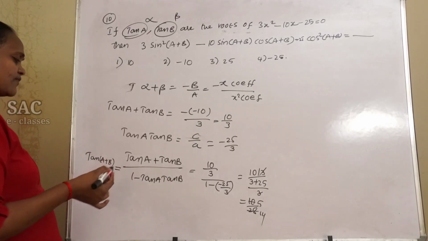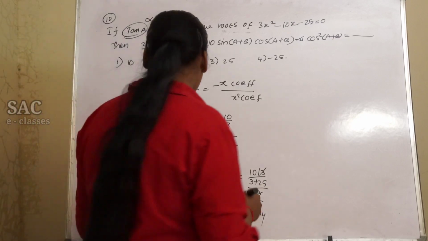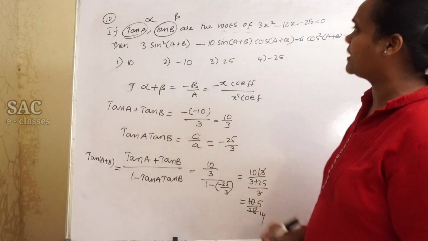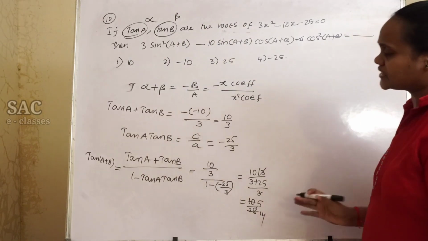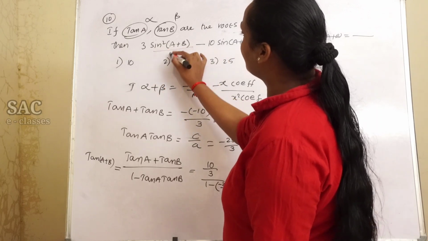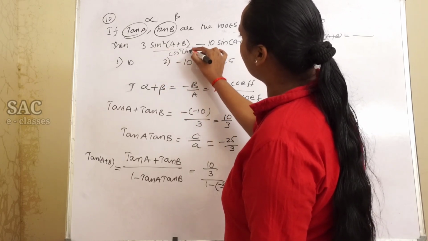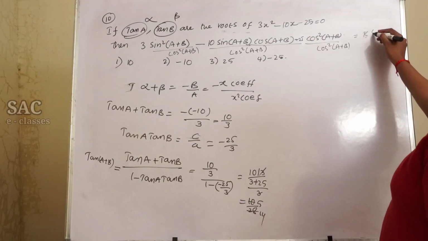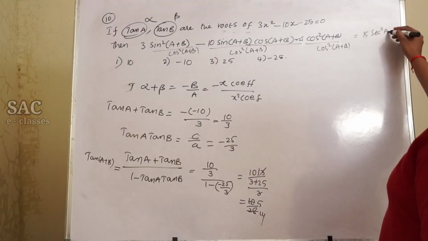Then what is the use of finding the tan of a plus b? From the tan of a plus b you can find out the sin of a plus b and cos of a plus b. First of all, if you divide this entire given expression by cos square a plus b, the right side is some k into secant square a plus b.